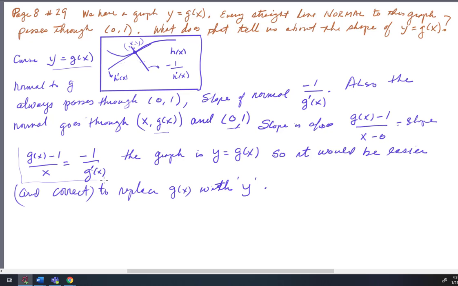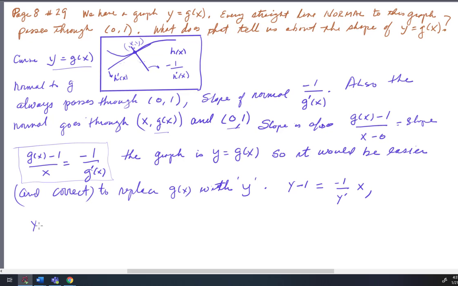So if we do that, this looks like y minus 1 over x is equal to negative 1 over y prime. I'm going to do a couple other rewrites here.